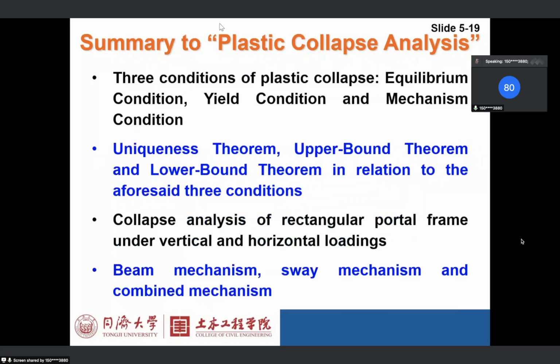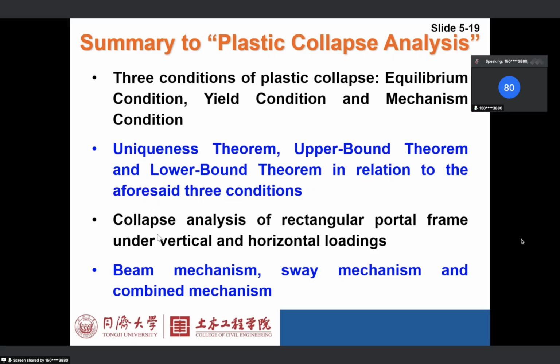In today's class, we introduced the 3 conditions: equilibrium condition, yield condition, and the mechanism condition. And for a beam, we have the uniqueness theorem, upper bound theorem, and lower bound theorem.